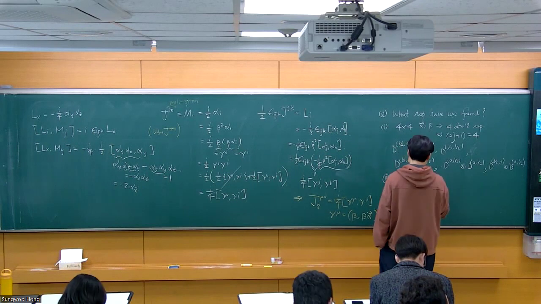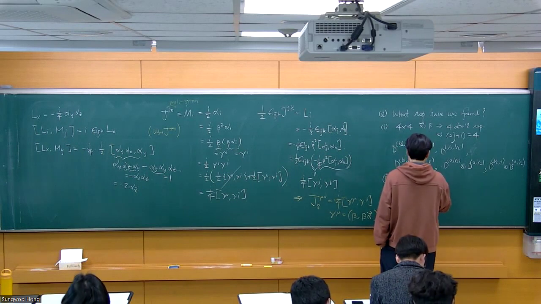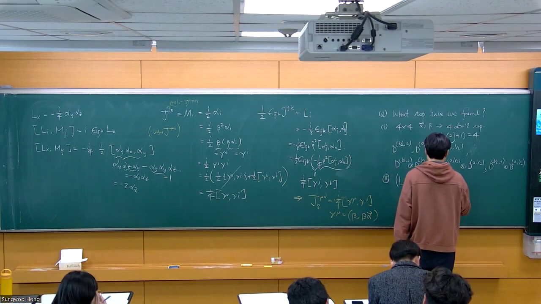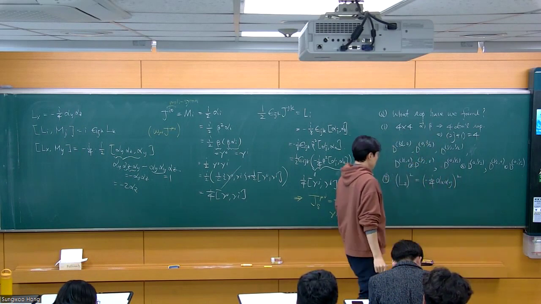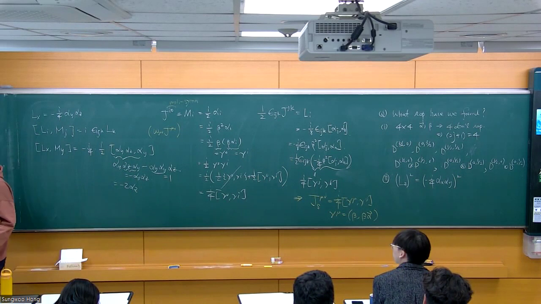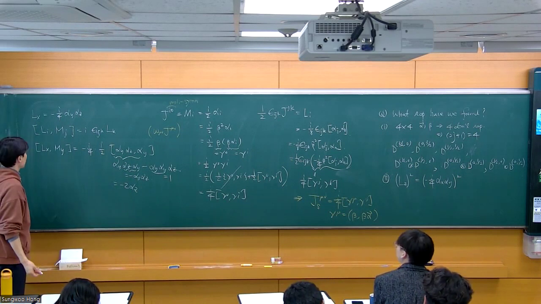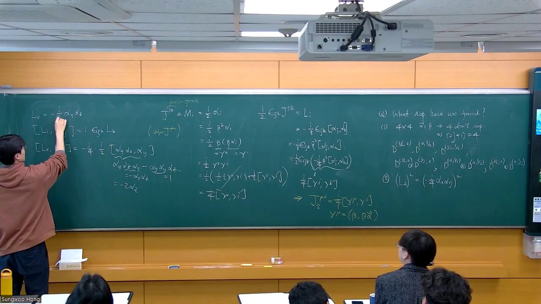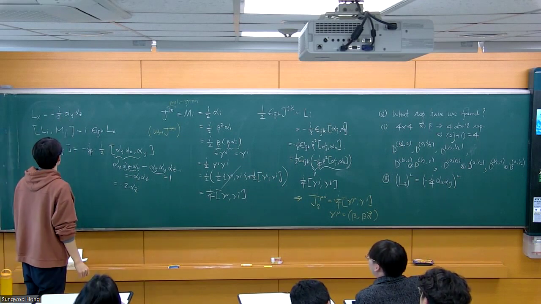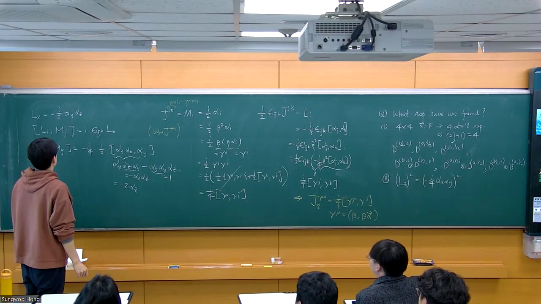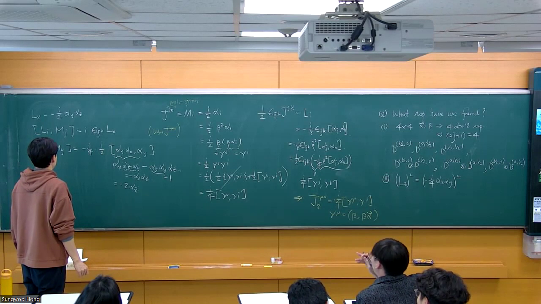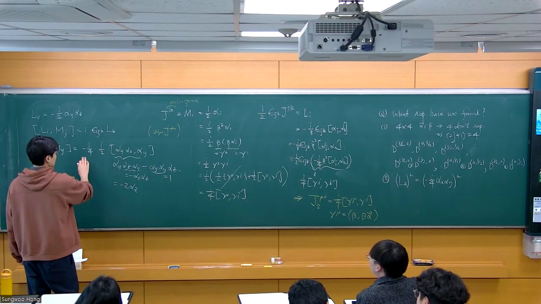But again, G X Y. Okay, did I make a mistake? It should be 2 somehow. It should be not L but N. Oh, in the second line, I epsilon M, not L. So this is the second line.